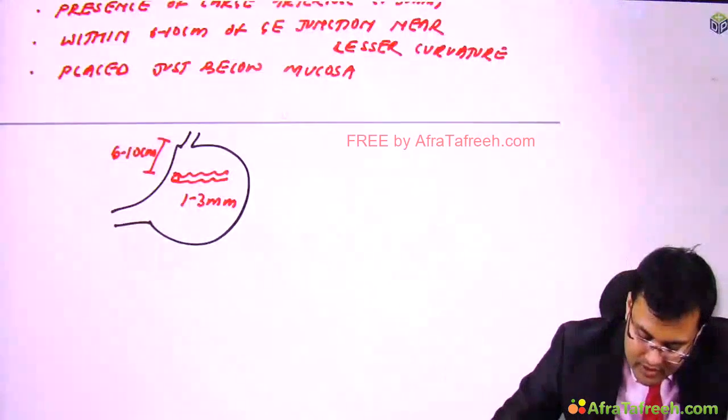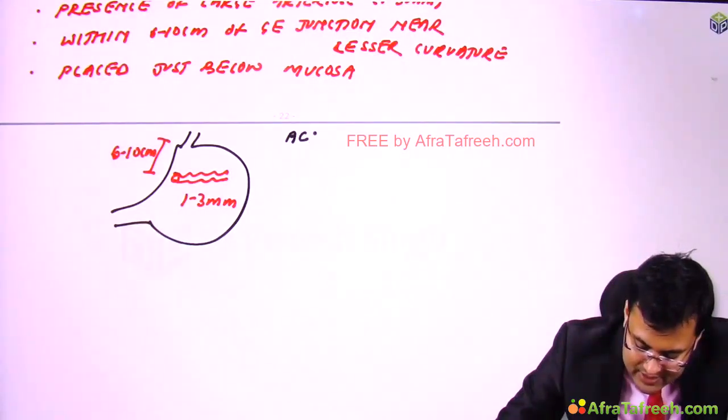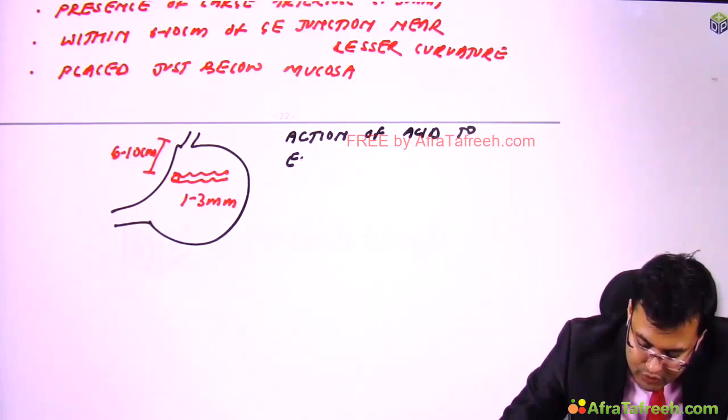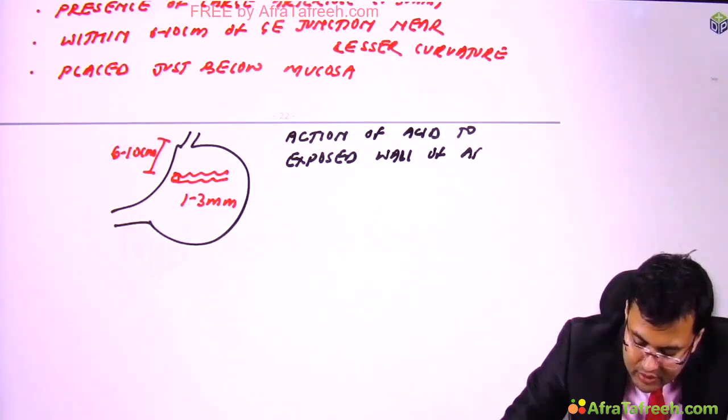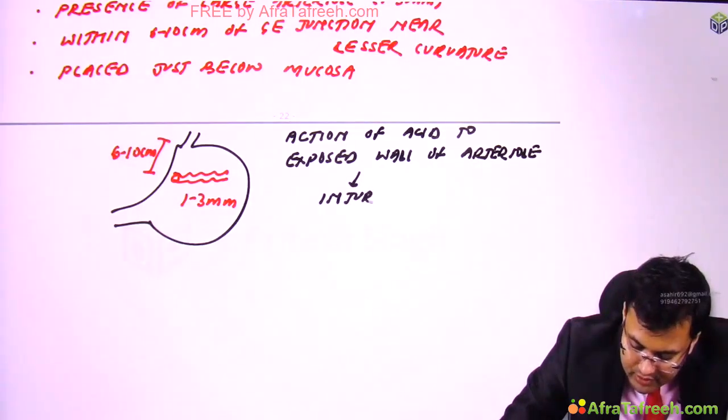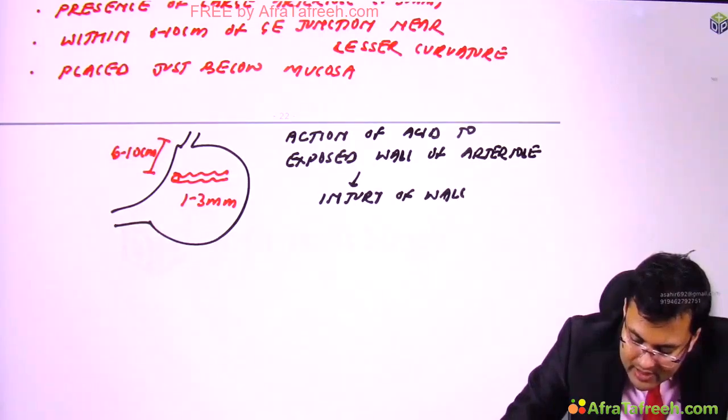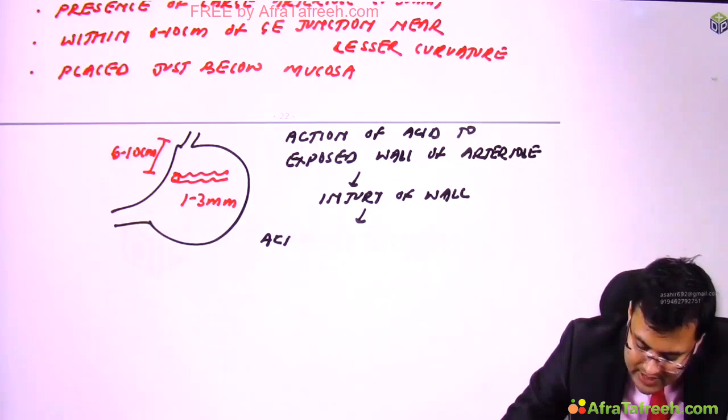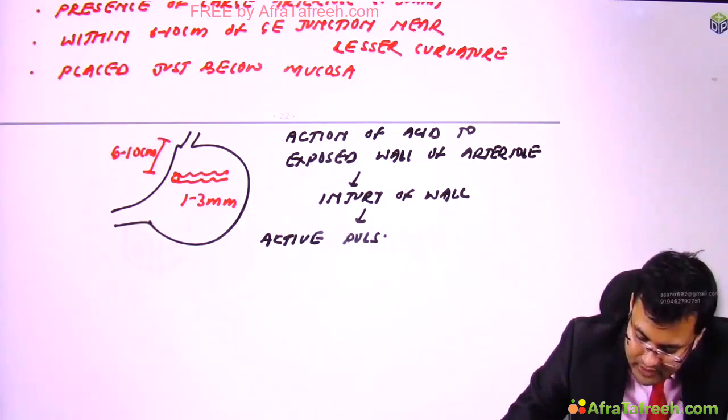There is massive bleeding, and because of that, the patient has hematemesis and recurrent hypotension. So I'm repeating here. There is action of acid on the exposed wall of the arteriole, leading to injury of the wall, and it leads to active pulsatile bleeding.